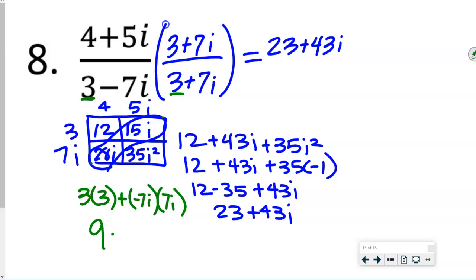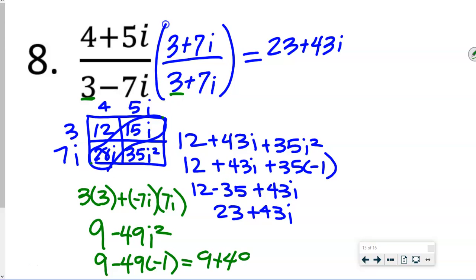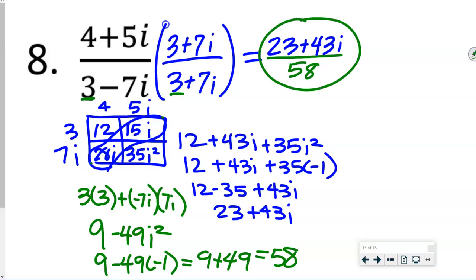So 9 minus 49i squared, that's going to be 9 minus 49 times a -1, which is 9 plus 49, which is 58. So that is our denominator. And that's our final answer because 23 and 43 are prime numbers. I can't divide them by anything. Okay, we got one more problem.